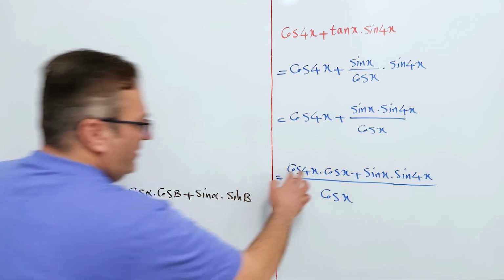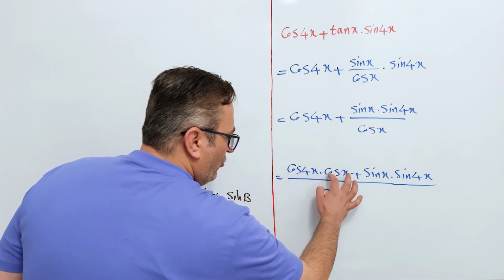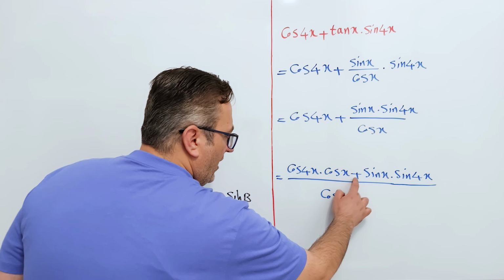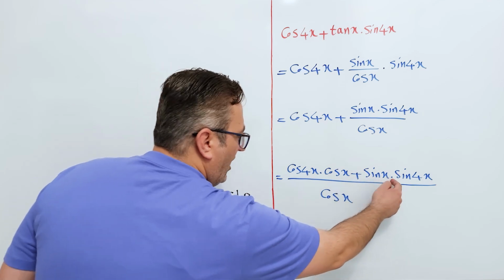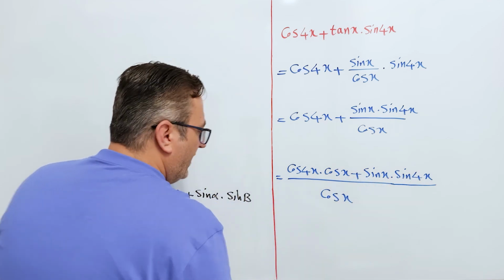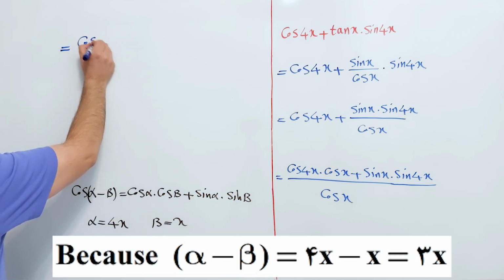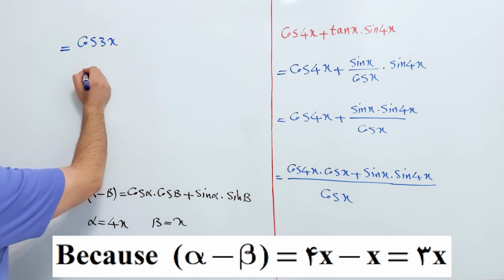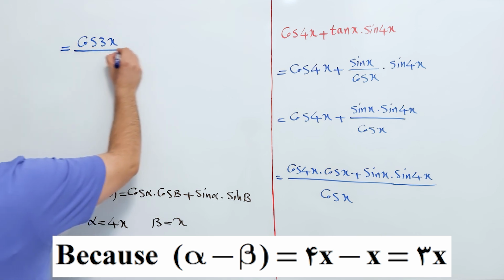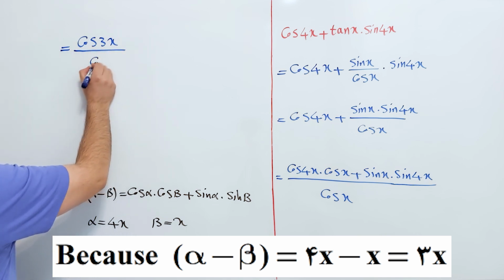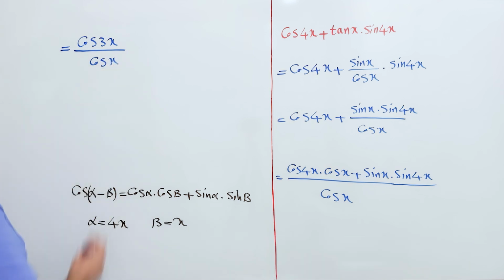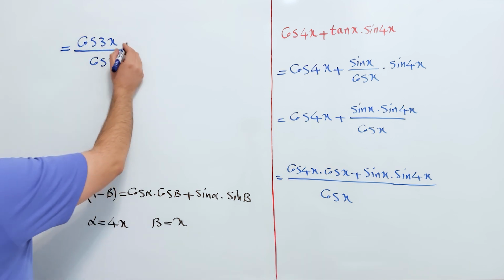So cosine 4x times cosine x plus sine x times sine 4x is equal to cosine 3x, divided by cosine x. So we can simplify this fraction.